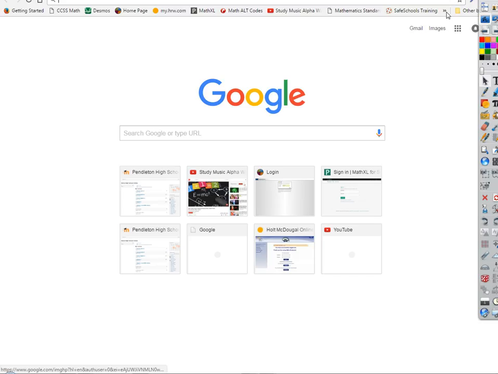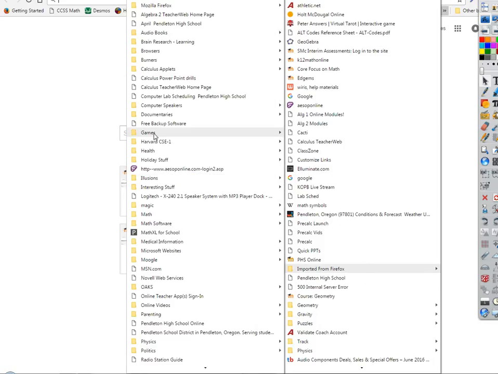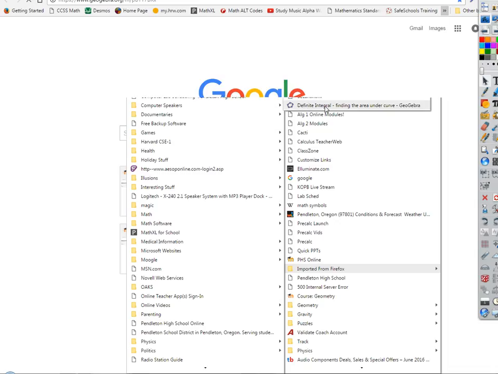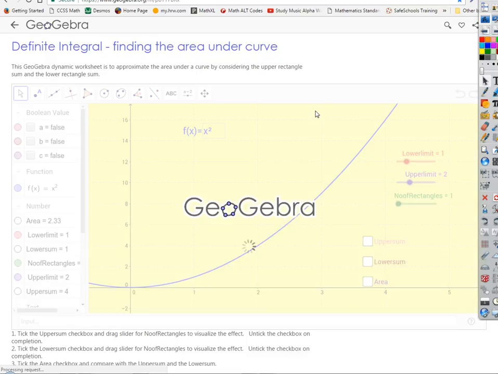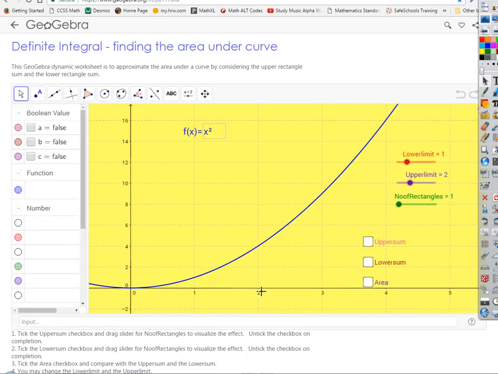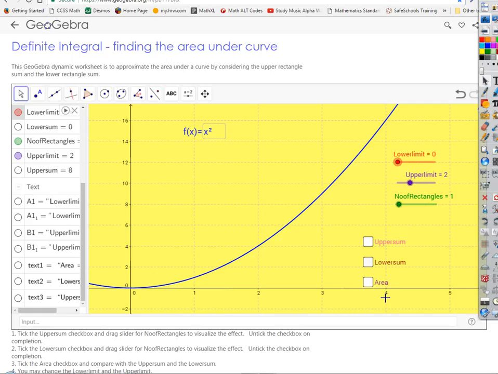I forgot about it. All right, so we got calculus applets. There we go. For example, if we take the area under the curve y equals x squared from 0 to 2, what we looked at yesterday, and we look at the lower sum with the number of rectangles being 1, that's a pretty crappy estimate.